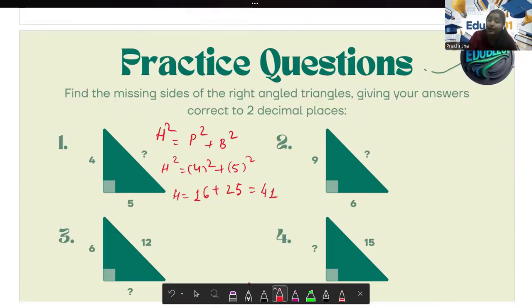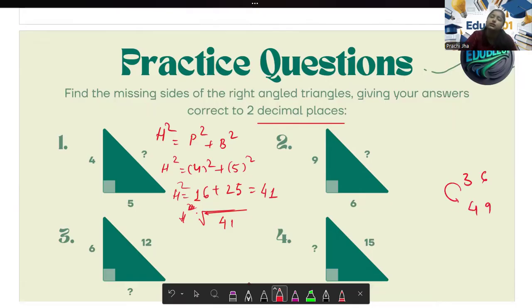So what square is it? You need to identify. We have to find it correct to 2 decimal places. So the hypotenuse square is 41, so the hypotenuse will become root 41. And whose root is 41, you need to identify. 6 square is 36, and 7 square is 49.